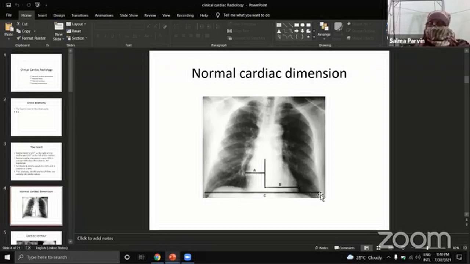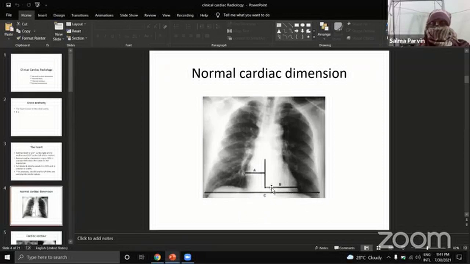This line C is a line drawn just above the CP angles, displaying the internal thoracic dimension. You see, it is not reaching the CP angle, it is far from here, just above the CP angles, and is displaying the internal thoracic dimension.